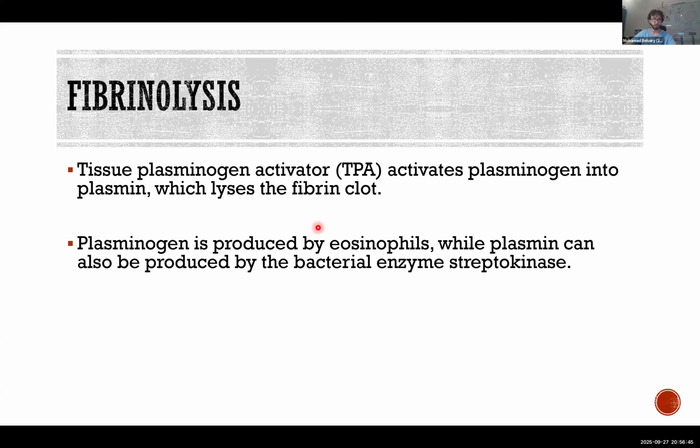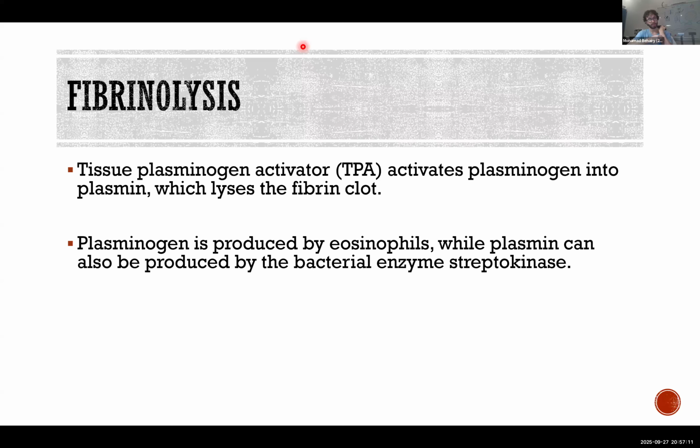Of course, it's good to know that plasminogen can be activated by eosinophils. Plasmin can also be produced by a bacterial enzyme called streptokinase. You don't need to go into detail with this, but I'll just tell it to you to feed your curiosity. Do you guys know why this is important? Whenever we have a bacterial infection or an injury, say bacteria invades, you guys know why it's dangerous.